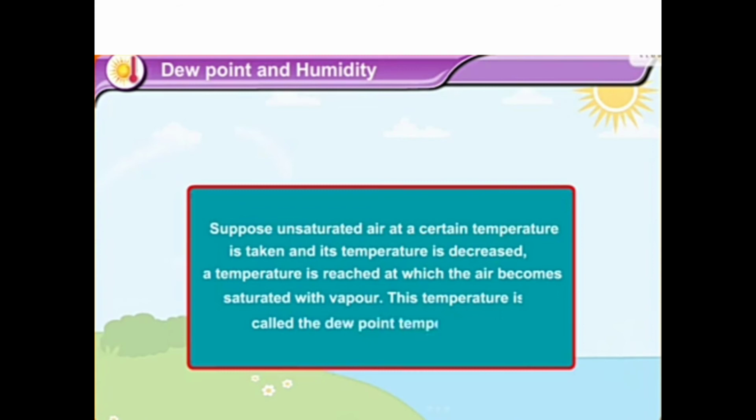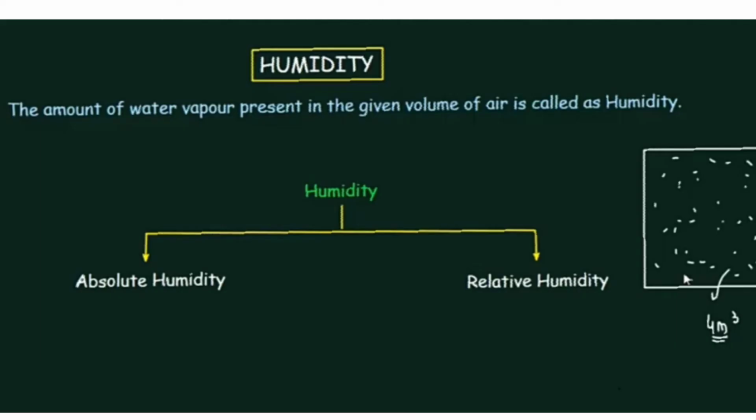So now let us understand about the dew point. Humidity is a physical quantity which needs to be measured. So we have two ways: one is absolute humidity and another is relative humidity.